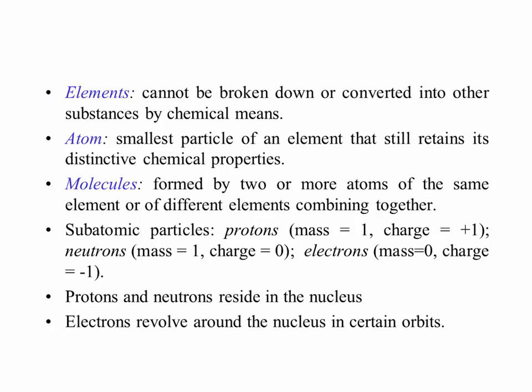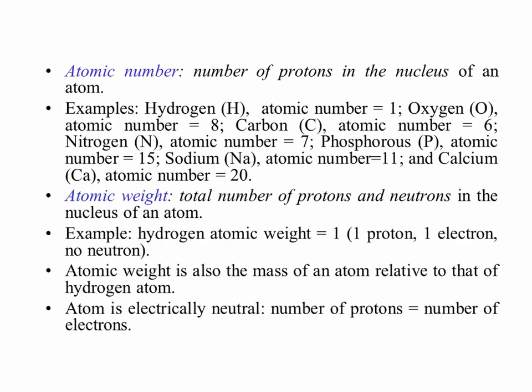The protons and neutrons reside inside the nucleus, and the electrons revolve around the nucleus in certain orbits. An element has an atomic number, which is the number of protons in the nucleus of an atom. Here are some examples, chosen because these elements are relevant in biology.